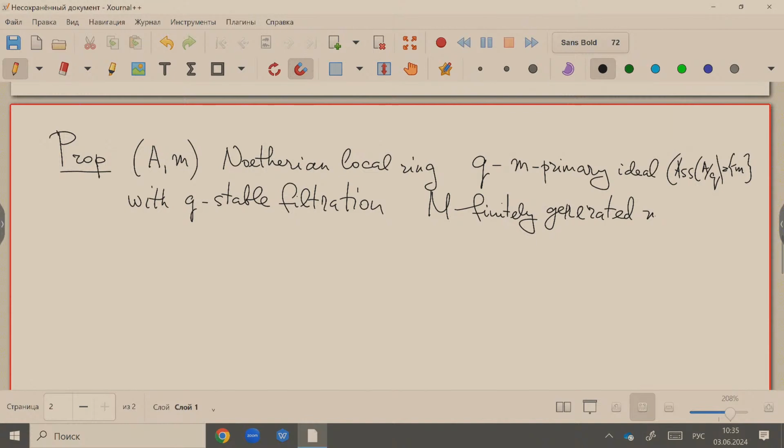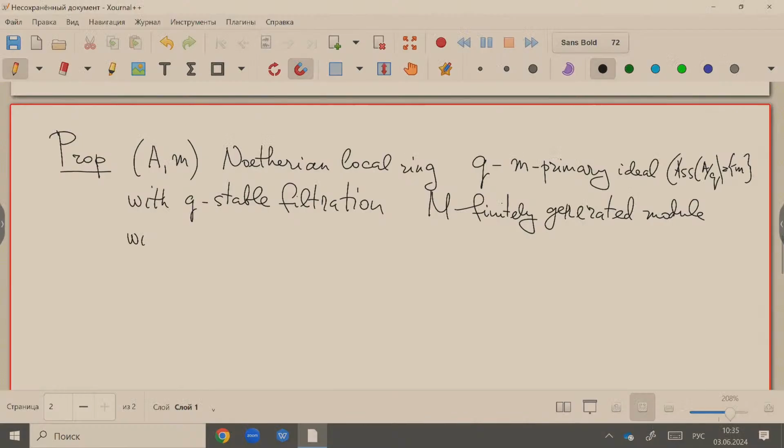Of course, we will be interested more or less in the case when M is equal to A. However, for some induction assumptions, one should have finitely generated modules.